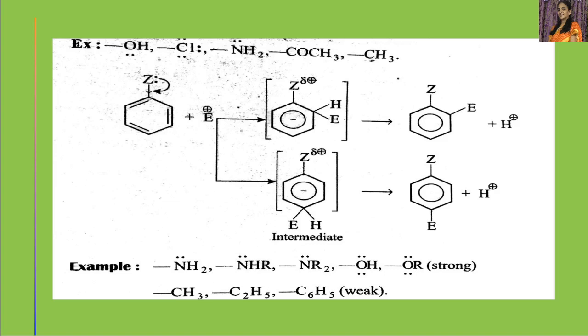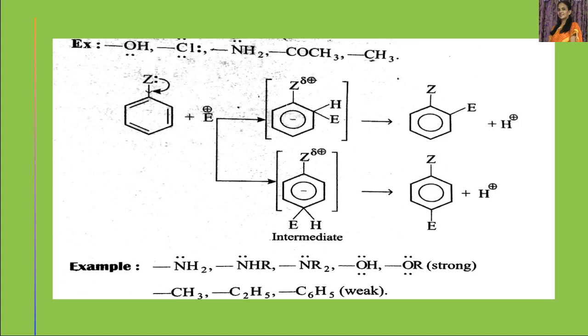The first four are the strong electron releasing groups, and these are the weak electron releasing groups. So this is about ortho-para directing groups, and in this case what happens we have discussed.